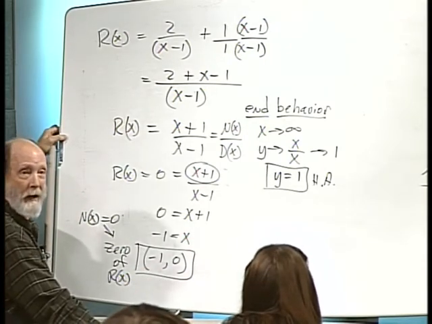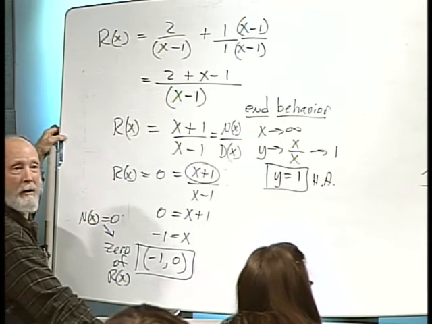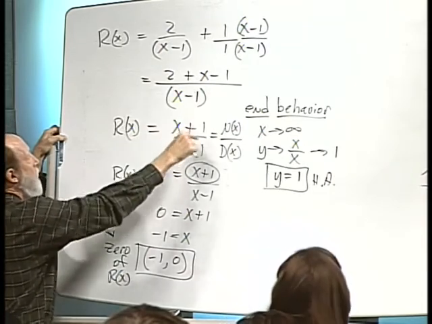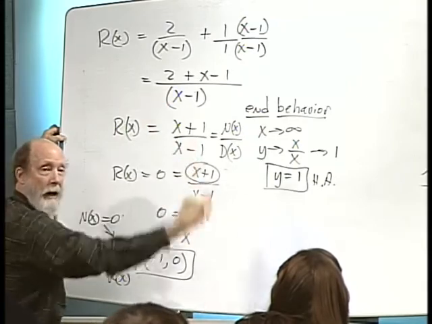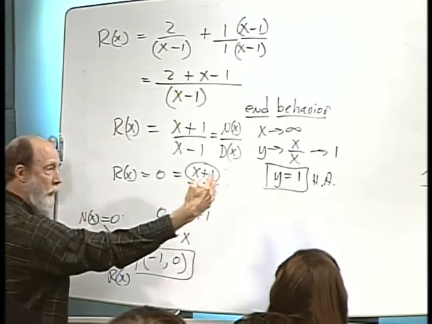How are you going to find vertical asymptotes on rational functions? If you're given this function as x plus 1 over x minus 1, vertical asymptotes are places where trouble occurs, aren't they? Where trouble occurs in x.